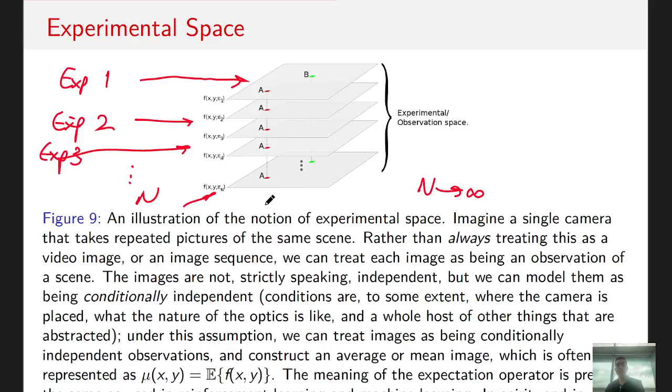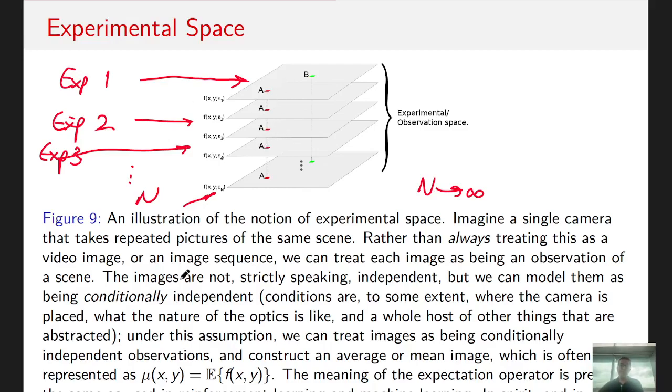So trial equals experiment. I'm just connecting the dots across different terminologies or different subjects.